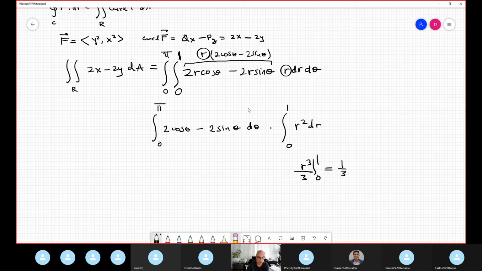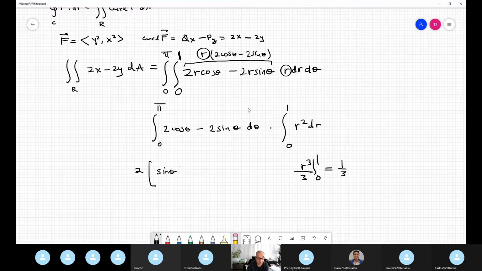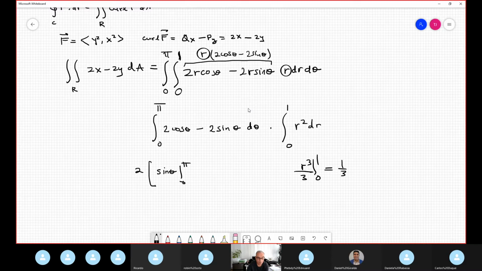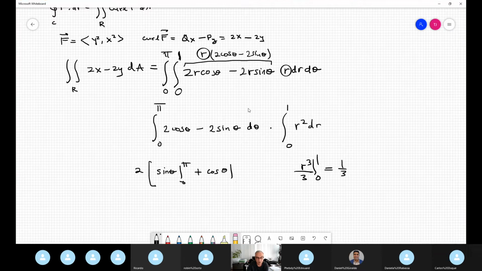This part also is relatively easy. When you factor out 2 here, the antiderivative of cosine is sine, evaluating between 0 and pi. Minus the antiderivative of sine, which is minus cosine, but we have a minus in front, so it becomes positive, evaluating between 0 and pi.